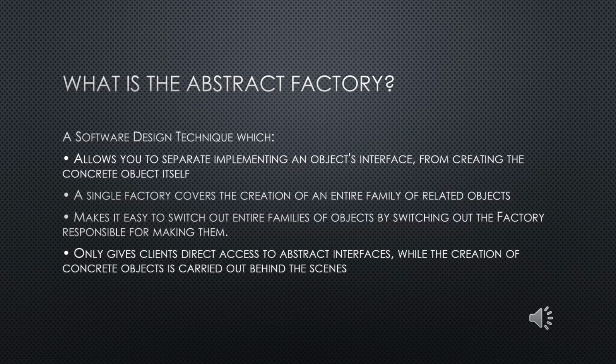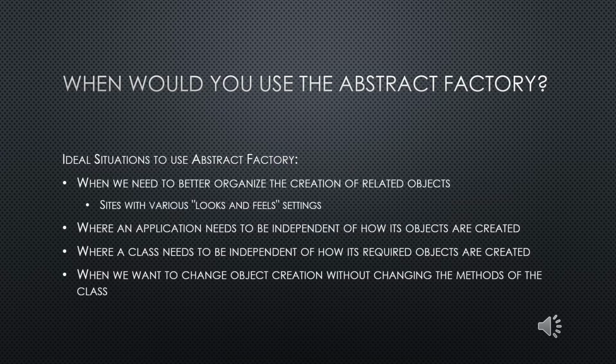For example, if you have a program which can change its styles so it presents as a Windows program or a Macintosh program, the client is accessing the interface to switch out the Windows family of objects with the Macintosh family of objects, without changing the items themselves, like the scroll bar or how the windows look on the screen. Abstract factory is a common design pattern, but we will still need to ensure that using it makes sense for the application and situation we find ourselves in.